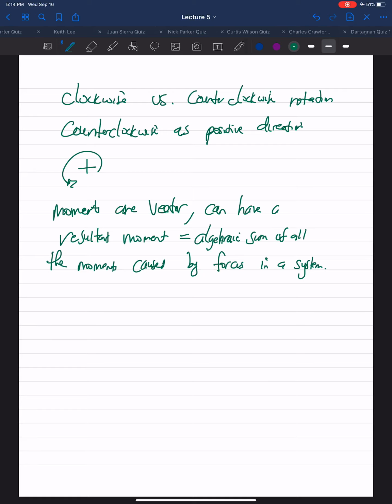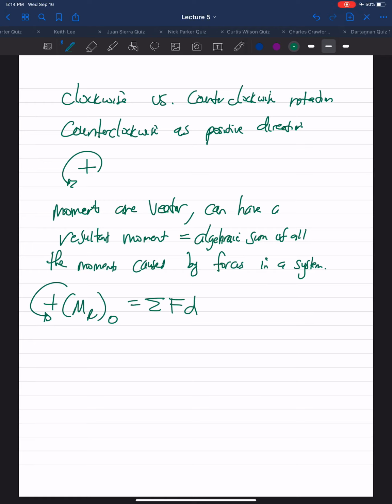So counterclockwise being positive, the resultant moment about point O is the sum of all my moments caused by forces in the system.